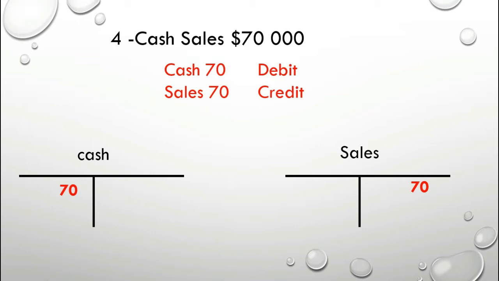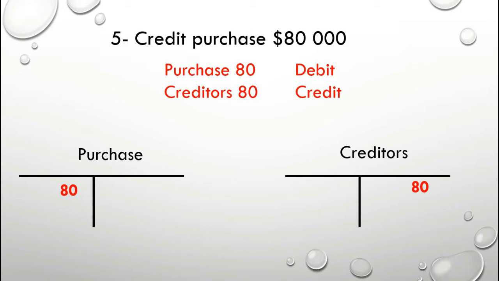Next one, credit purchase 80,000. So we are not buying for cash. Instead, we are telling the supplier that we will pay later. Purchase is an expense. So when we are purchasing, expenses will increase. Increase in expense is always debited.